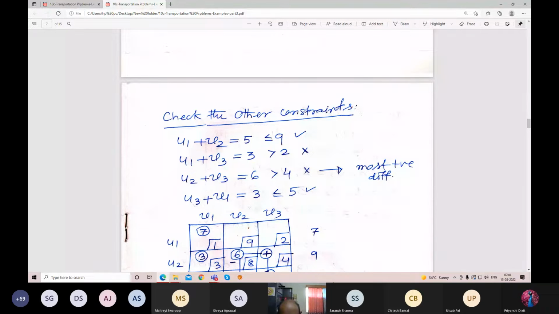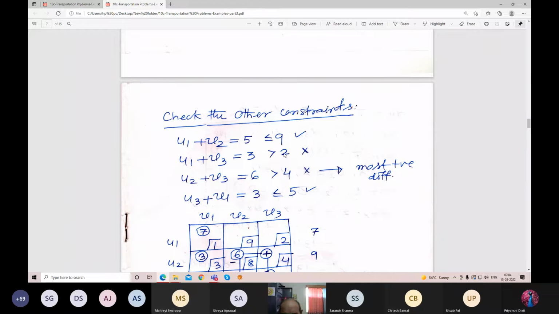Here we are selecting the most positive element. Most positive in the sense, see 5 minus 9, it is negative. 3 minus 2, it is positive. 6 minus 4, it is positive. So only these two are not fulfilled, rest all are fulfilled.